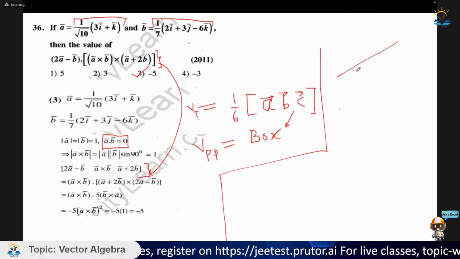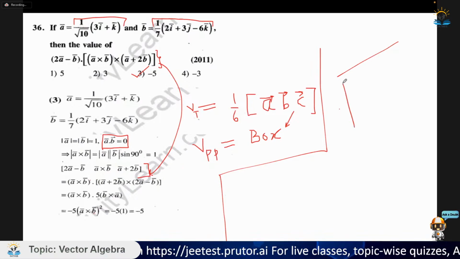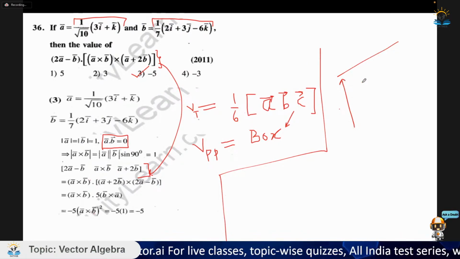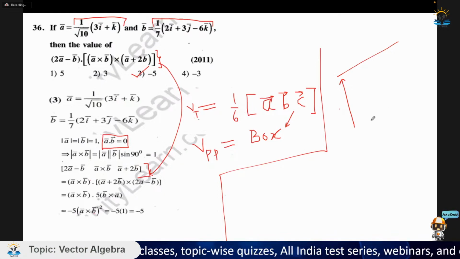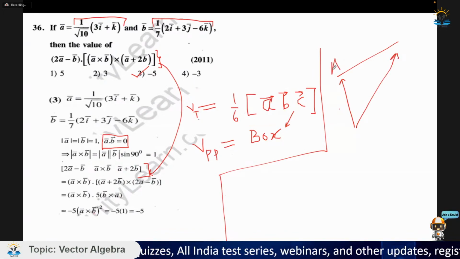If a vector and b vector are position vectors of two points, then the position vector of the point which divides ab in the ratio m is to n, how will we calculate that? Let's say this is a vector and this is b vector.